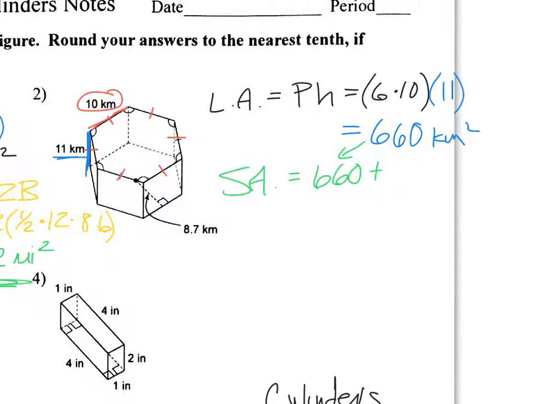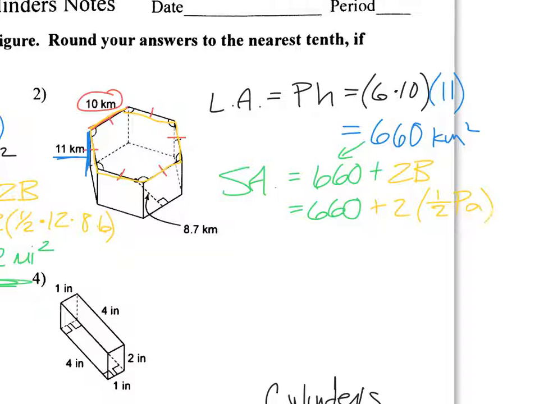Now to do surface area, I take this number and I add, again, 2 big B, the area of the base. Well, what's the area of the base? The base figure here is the hexagon, which is a regular polygon. We just got through doing regular polygons. Remember, with regular polygons, I'm going to write the formula out here. So it's going to be plus 2, regular polygons is 1/2 PA.